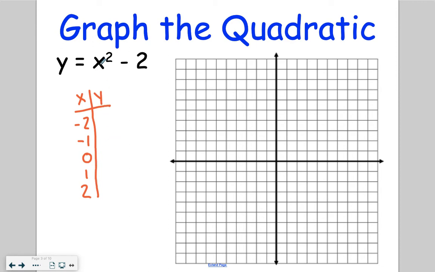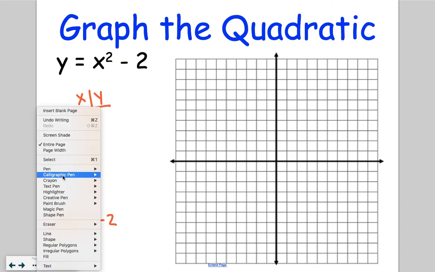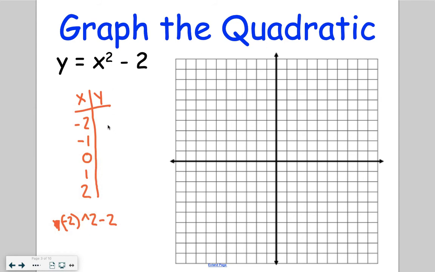So in order to solve the first part, you would plug into your calculator, and you obviously don't type in the y equals, so you would put in -2, remember that has to be in parentheses, caret squared minus 2. And that's going to give you a value of 2.